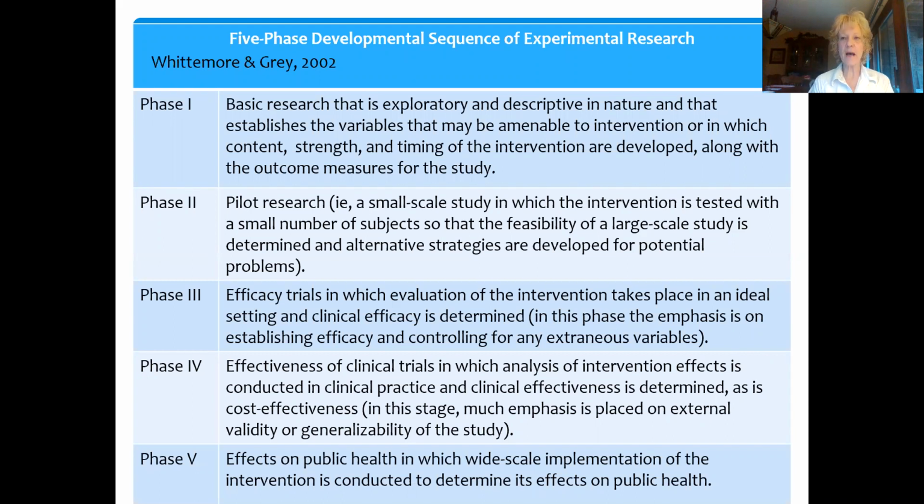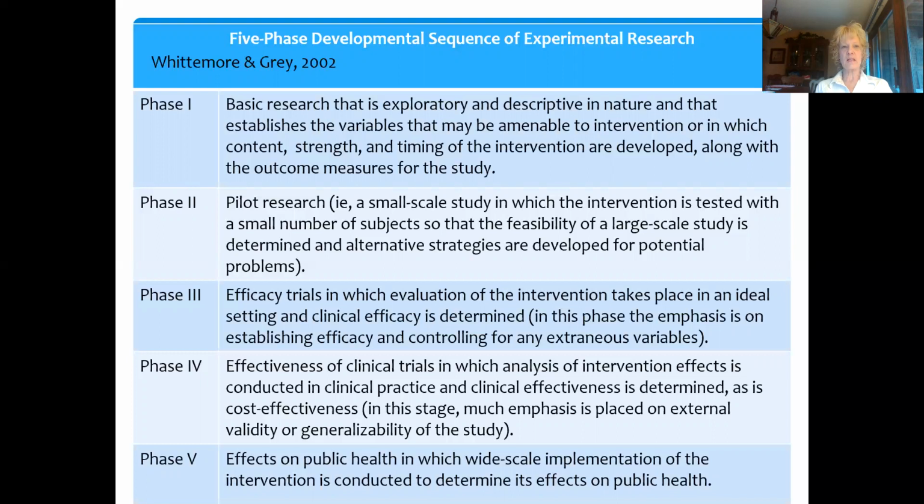So when we think about true experimental design, it can actually look a variety of different ways. And it helps to start with the principles of the developmental sequence of experimental research, and the process that you go through in the state of the science as you work up to that true experimental design, and then follow up with effectiveness and more public policy steps.